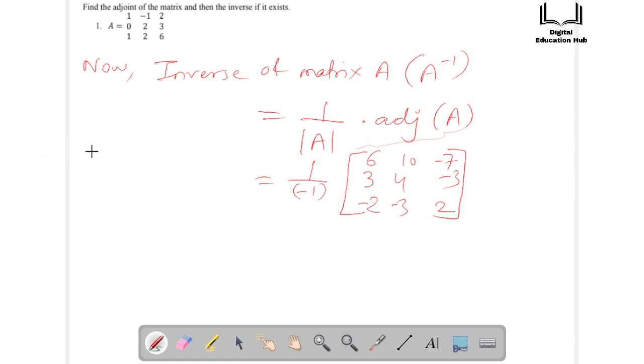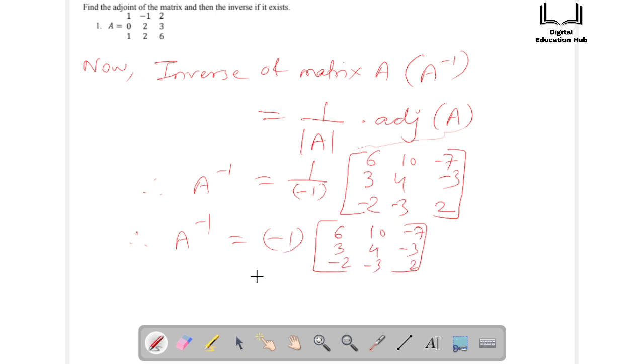So finally, A inverse is equal to minus 1 into this value: 6, 10, minus 7, 3, 4, minus 3, minus 2, minus 3, 2.